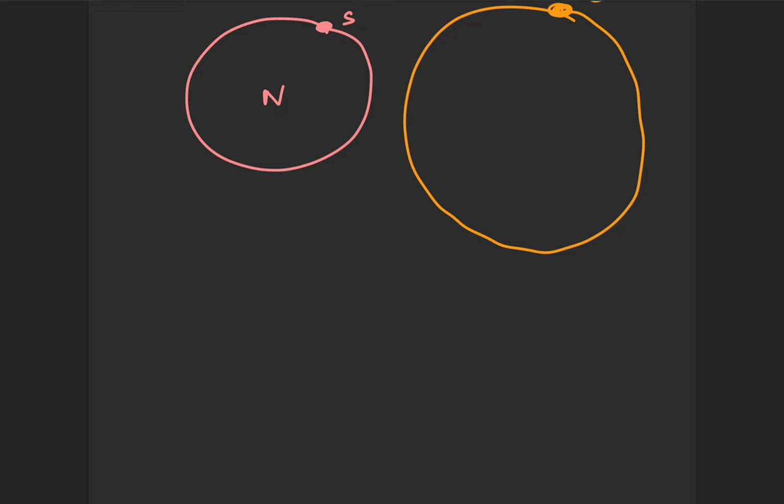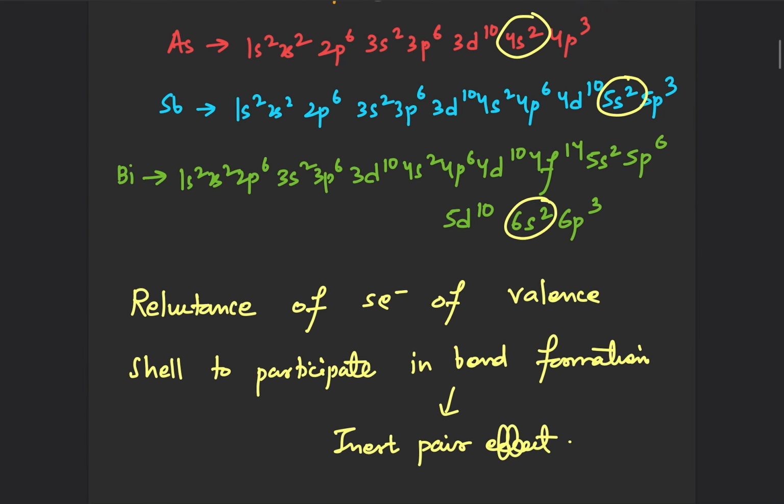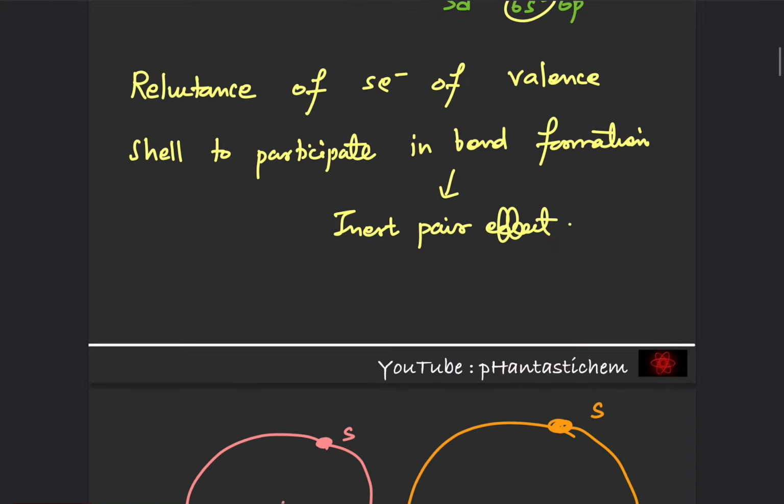Okay, so therefore the +5 oxidation state of bismuth is less stable than +5 of antimony. That's very obvious, because in bismuth we have the shielding from 4d, 4f, 5d, which have very poor shielding compared to antimony.